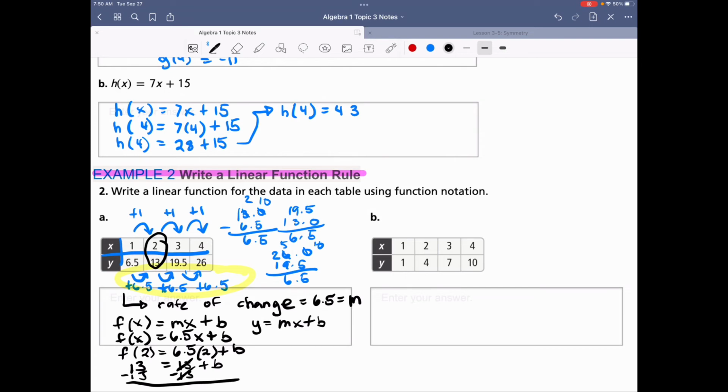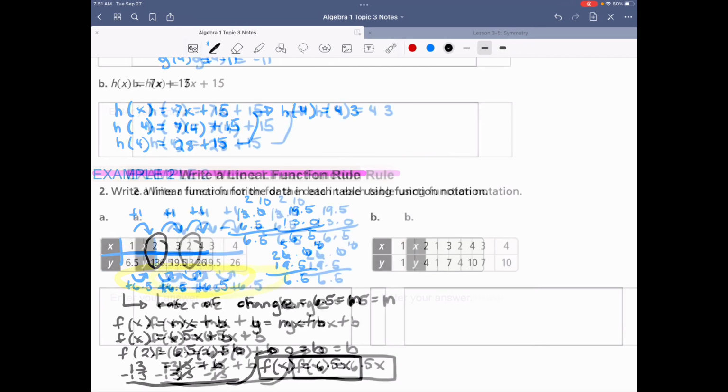These two cancel out, and these two become a 0 on the left hand side. So 0 equals b. With b equaling 0, we can just say that in our linear function, f of x equals just 6.5x. And that's our linear function for part A.